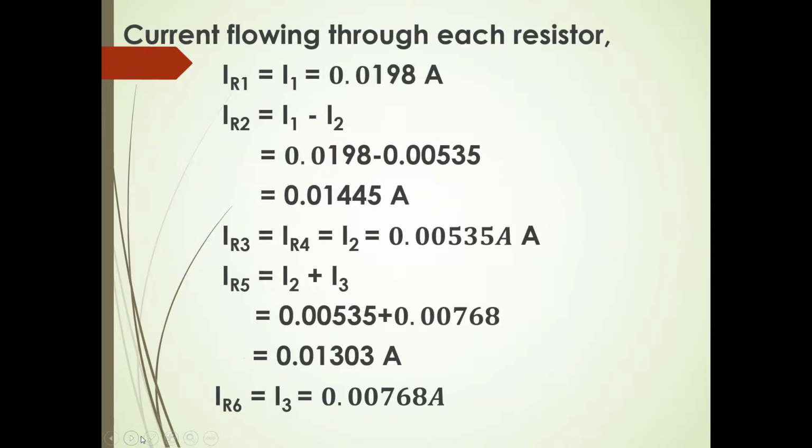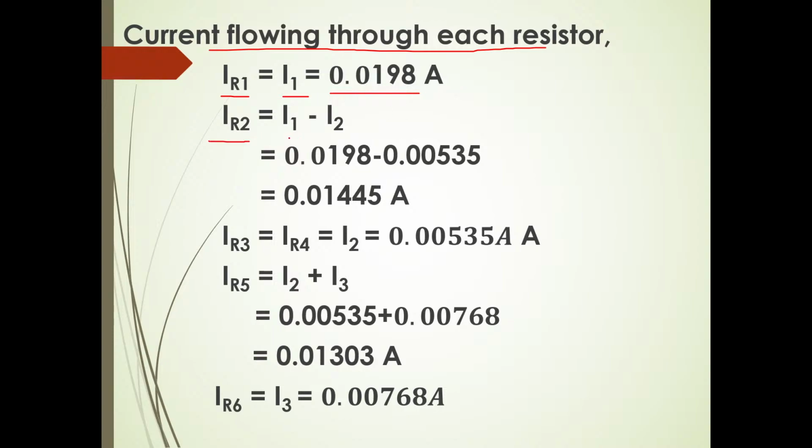Now, first of all, let us write down the current flowing through each resistor to determine the voltage drop. So first of all, what is IR1 current? Current flowing through R1 is nothing but I1, isn't it? What was it? 0.0198 amperes. So what is the current flowing through R2?